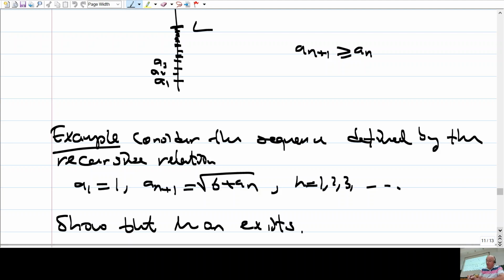And using this result, we want to show that this sequence defined by the recursive relation, where a1 is 1 and a(n+1) is square root of 6 plus an, is convergent.